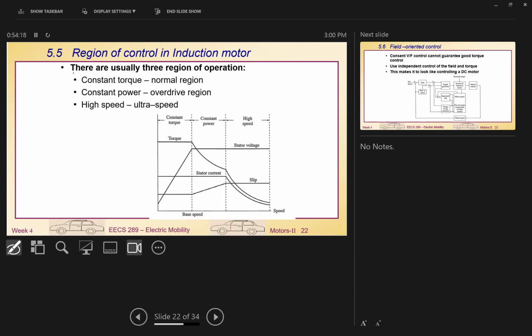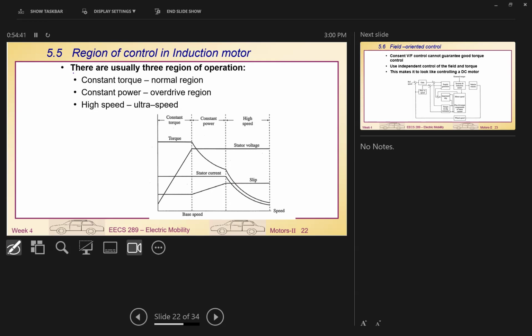But how can you increase the speed further? Voltage cannot increase, but frequency is now increasing. So from this equation, you know that V cannot increase, only stays at 200 or whatever voltage, while frequency is increasing. The flux will be dropping.